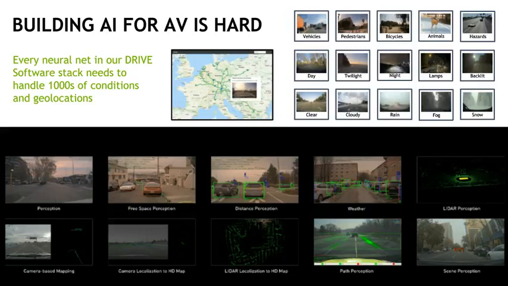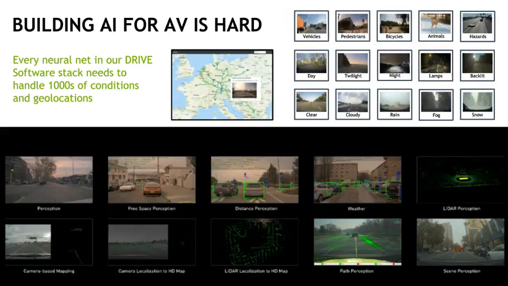And the second reason is the fact that you have to essentially make this functionality work across thousands of conditions and geolocations. So that's a big diversity problem. Think of this as the diversity of light conditions, time of the day, weather conditions, things that you can encounter on the road that are incredibly rare, things like road hazards, animals.